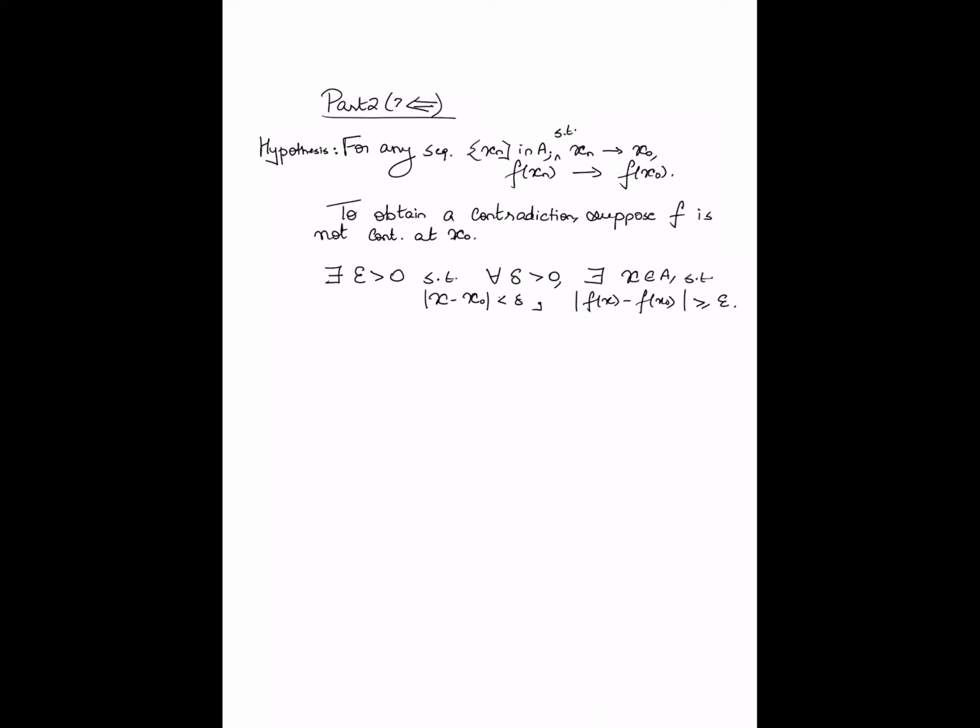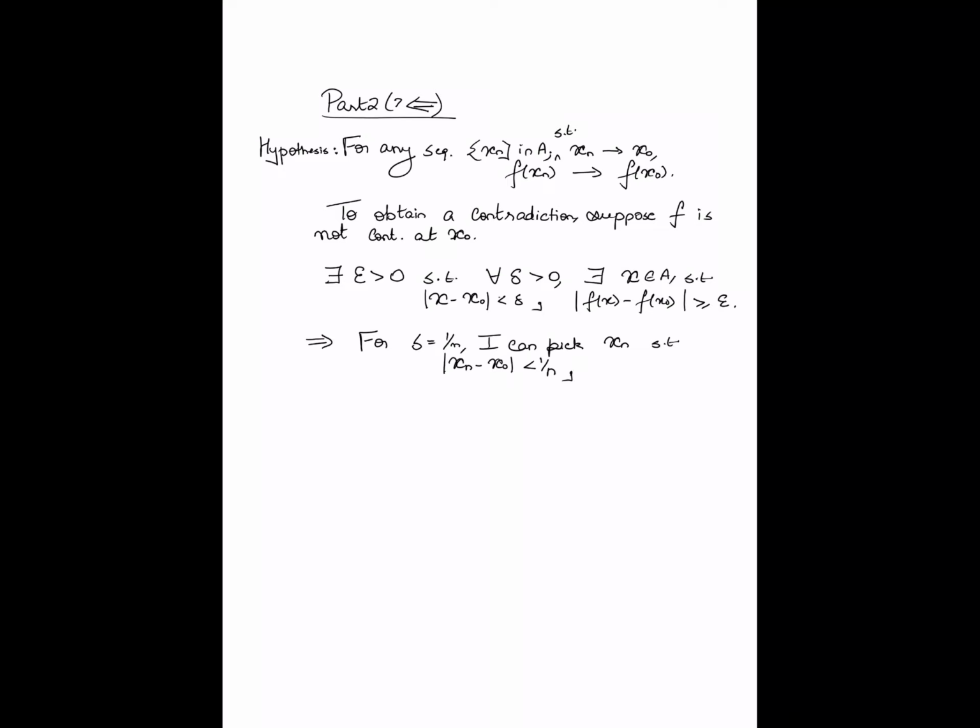Okay, so now what I can do is, for delta equals 1 by n, pick some point xn such that, on one hand, |xn minus x naught| is less than 1 by n, because I'm choosing delta to be 1 by n.